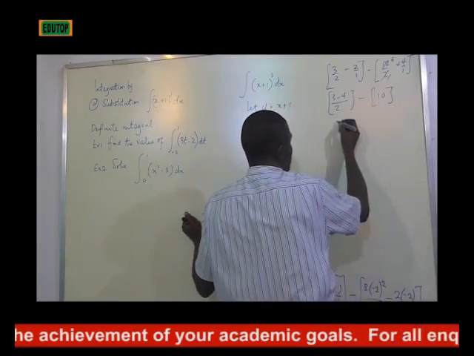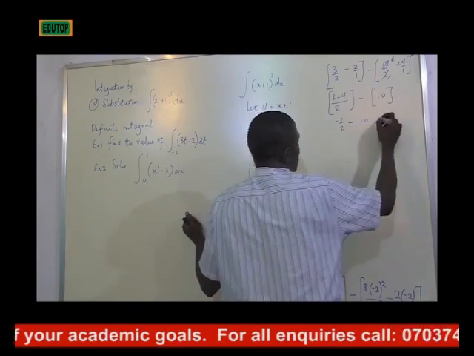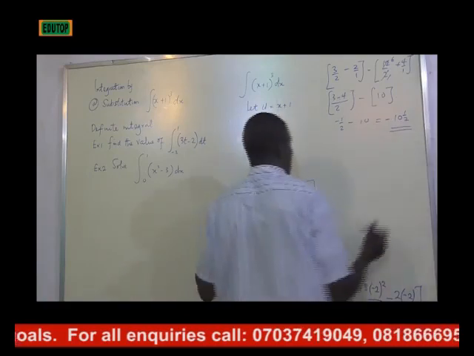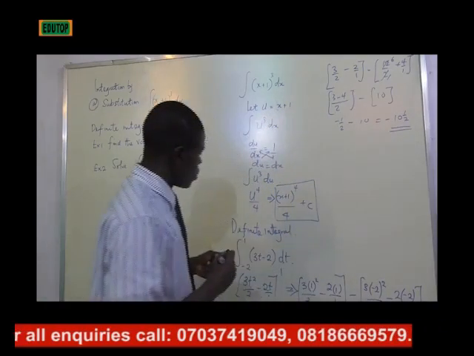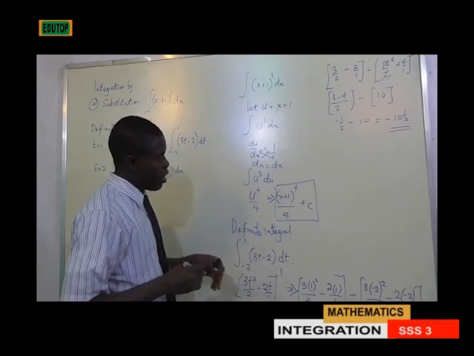And this one will give us minus half minus 10. That will be minus 10 and a half. That's the answer.